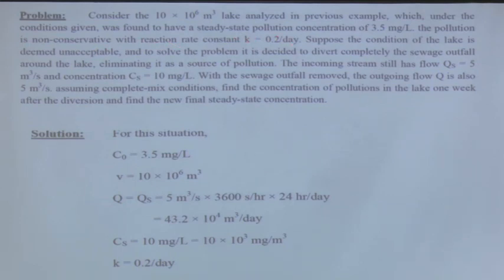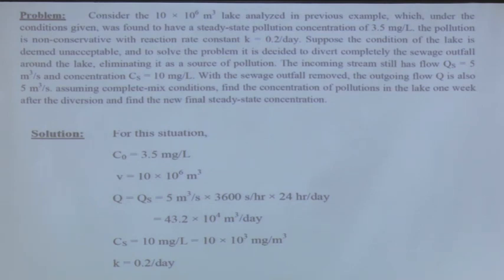Suppose the condition of the lake is deemed unacceptable, and to solve the problem, it is decided to divert the sewage outfall completely around the lake, eliminating it as a source of pollution. People are saying that because of this sewage outfall, the pollutant concentration has gone up.